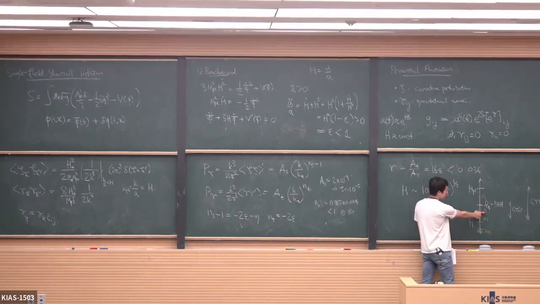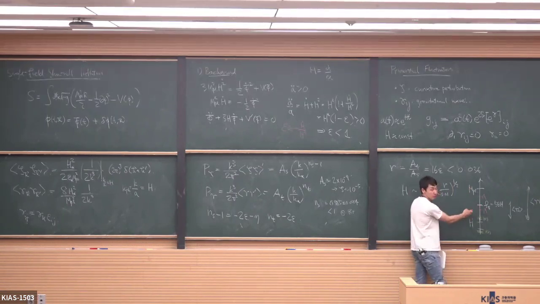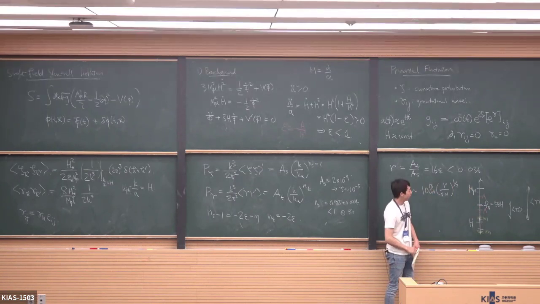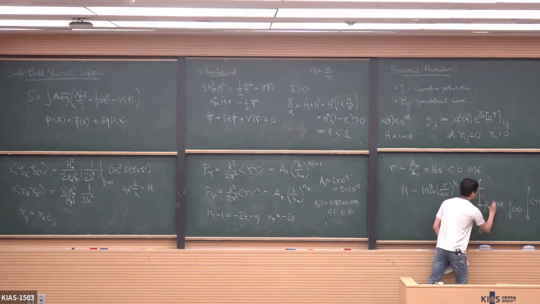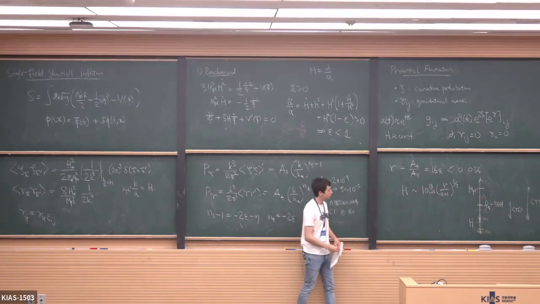So there has to be some UV cutoff scale lambda, but now there are two logical possibilities: whether lambda is above or below the symmetry breaking scale. Currently we don't know how the UV completion would work during inflation.